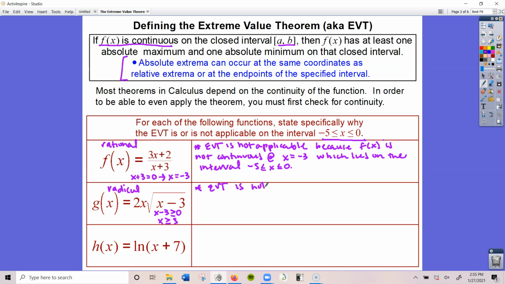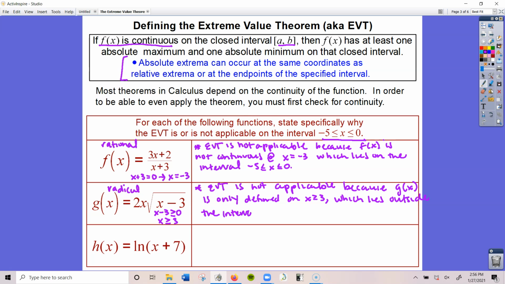So EVT is not applicable because g of x is only defined on the interval x is greater than or equal to 3. Which you can specify additionally, which lies outside the interval of -5 is less than or equal to x is less than or equal to 0.